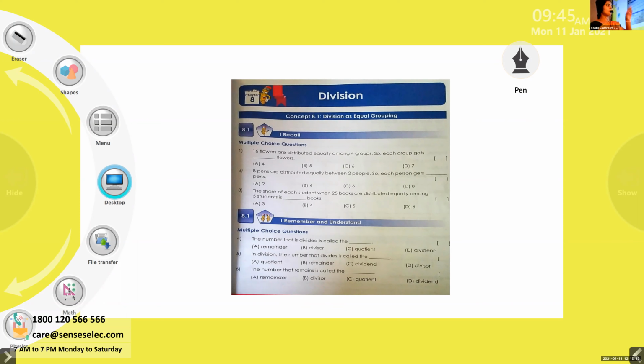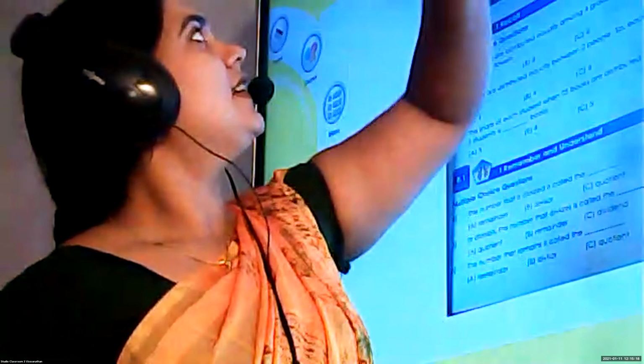Ameya, please wait. Let me tell you one thing. My dear children, when we divide numbers, for example, here, 16 flowers are distributed equally among 4 groups. So, 16 divided by 4.